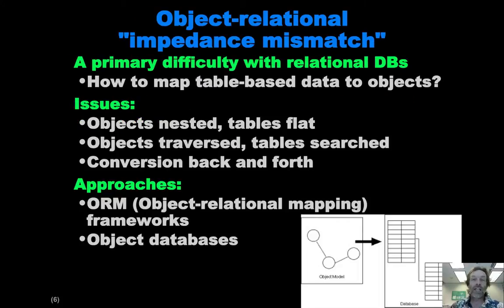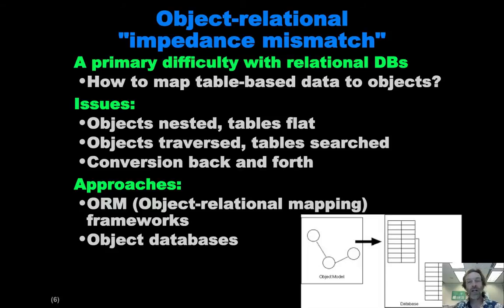Now, one of the important things to be aware of, and one big reason why people have problems with relational databases is that there is this concept known as the impedance mismatch, which is that in a program, you want to generally manipulate objects, but a relational database doesn't manipulate objects, it manipulates rows in a table.